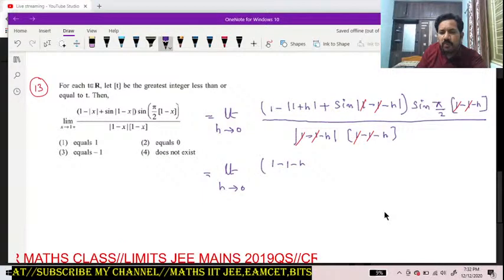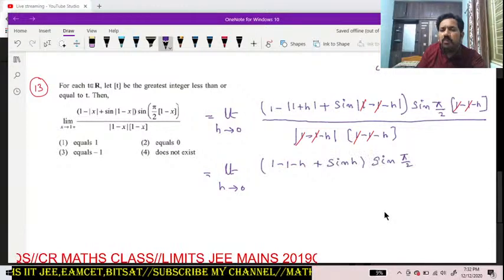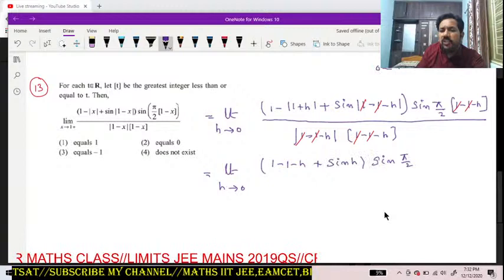Plus sine of mod minus h, that is sine h, into sine pi by 2. Here h is a very small value. It lies between 0 to 1. Step of minus h, that value should be minus 1. Go to the denominator: modulus minus h, step of minus h, minus 1. Here minus 1 plus 1 cancel.